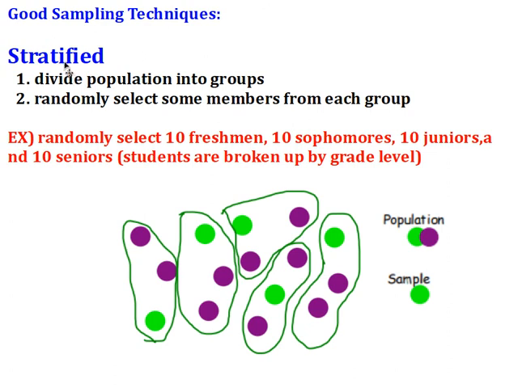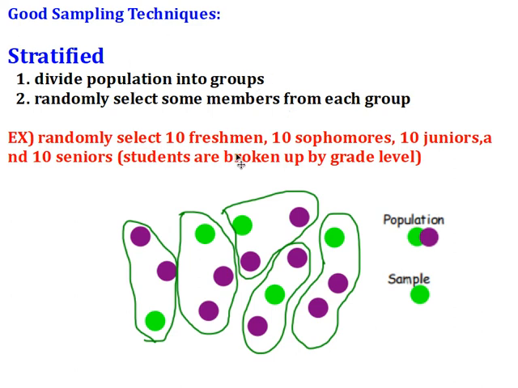Stratified. Stratified and the next one, cluster, are probably going to be the ones that give you guys the hardest. They're very, very similar. So stratified, the first thing you're going to do is divide your population into groups. Doesn't necessarily matter how you do it. You could do it based on gender, you could do it based on age, you could do it based on hair color. It doesn't matter how you group your population so long as they are broken up into groups.